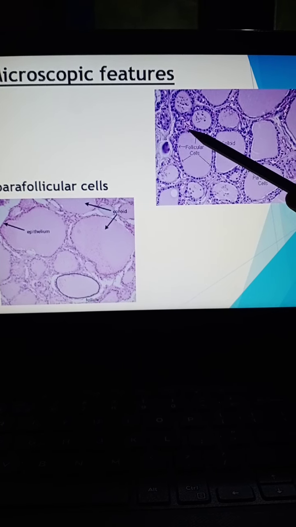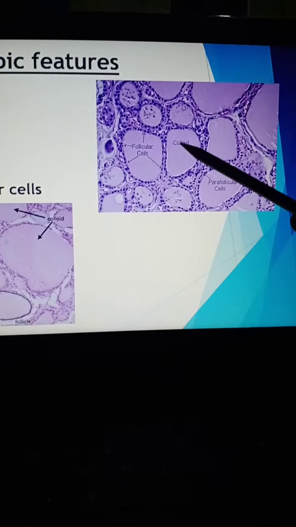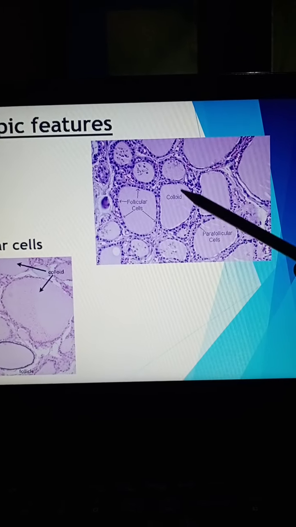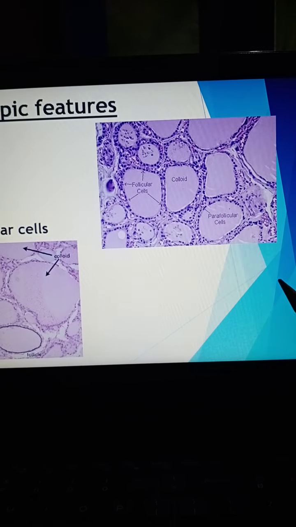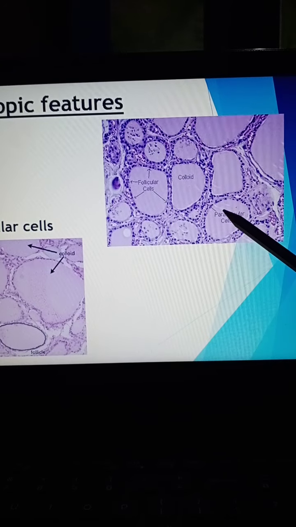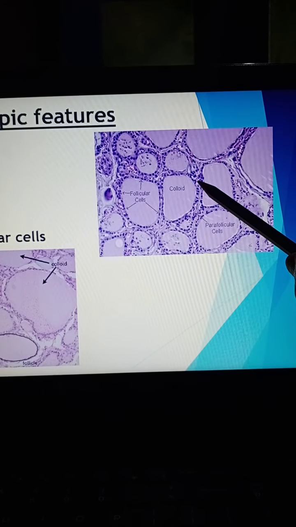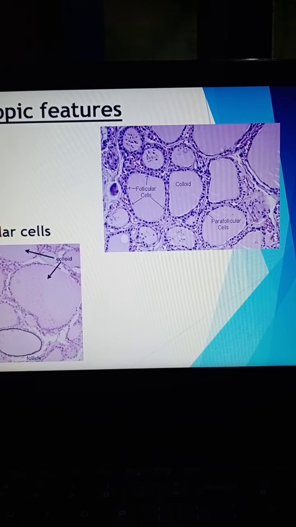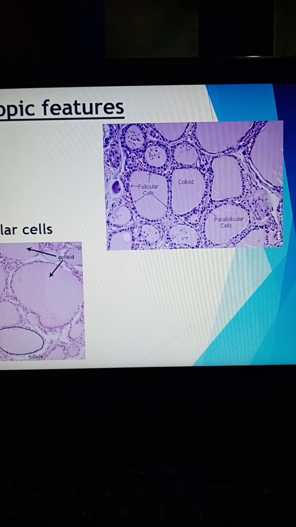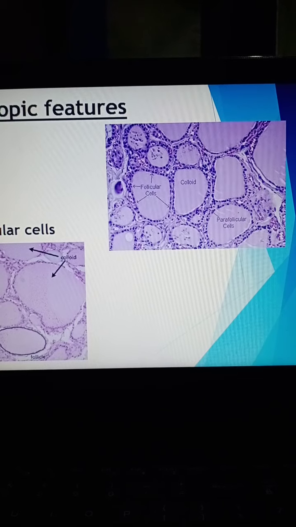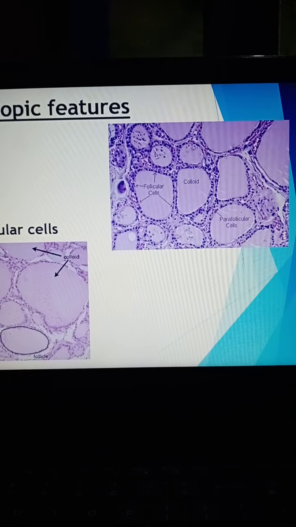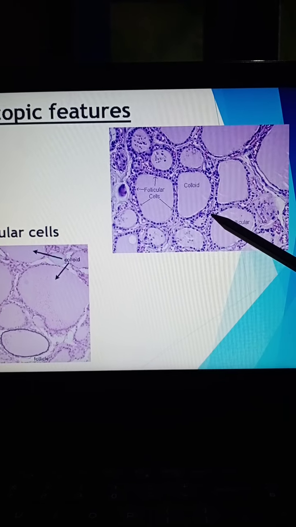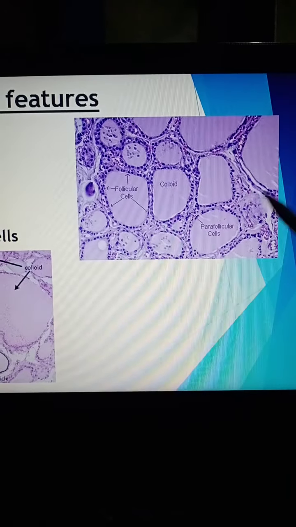So this is about the follicles, follicular cells and colloid. Now, in between the follicles as well as in between the follicular cells and basement membrane, we will see a different cell from the follicular cell. This different category of cell is called C cells or parafollicular cells.